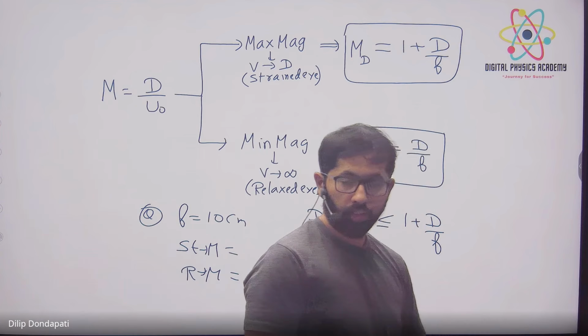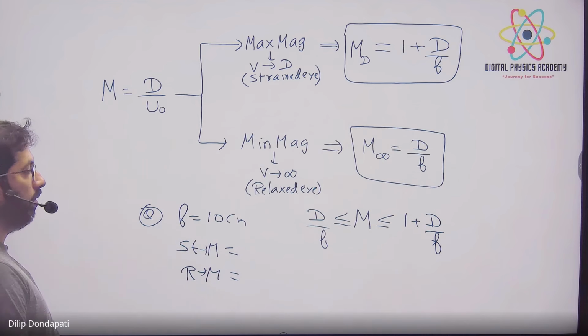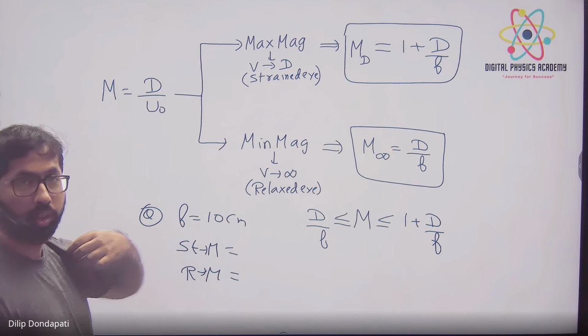So 3.5 and 2.5. Yes, 3.5, 2.5. Yes. Okay. आगे ना. Next, we'll talk about compound microscope.